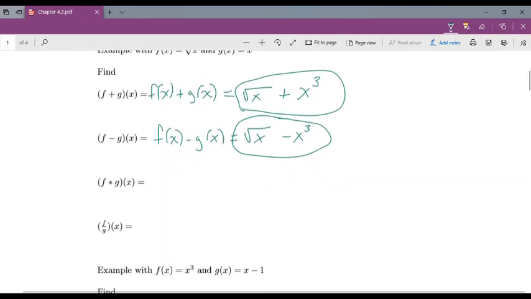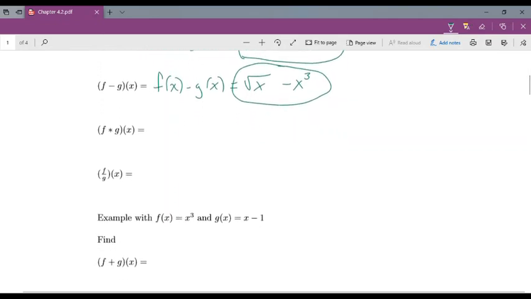Now if we look at f times g of x, then it's the same thing as f of x times g of x. Our f of x function is the square root of x, our g of x function is x to the third. Now we should be able to simplify this one a little bit.